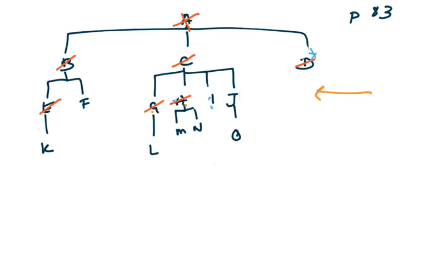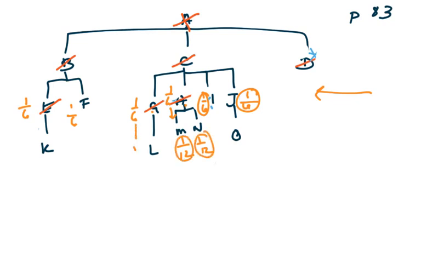So that means each line would get a 1/6. All right, so we have J with a 1/6, I with a 1/6. We drop this 1/6 down, divide it by 2 because H has predeceased, and that gives us a 1/12. And then we drop this 1/6 down, L gets 1/6. We drop this down, K gets 1/6, and F gets 1/6.